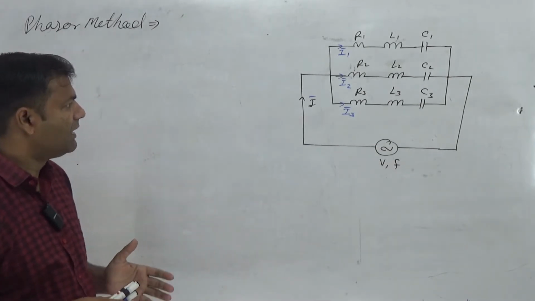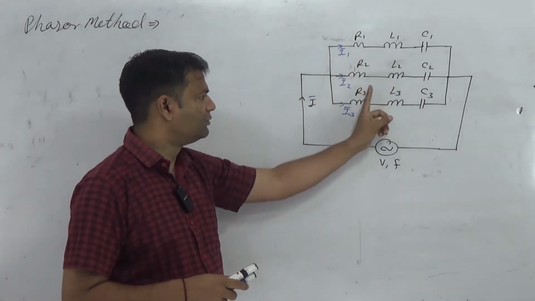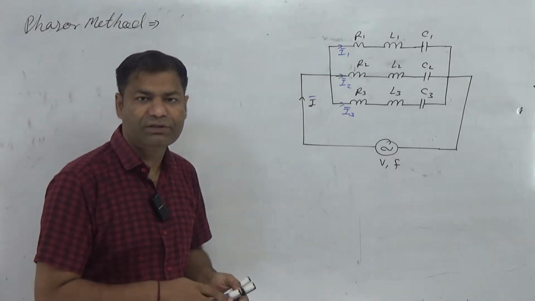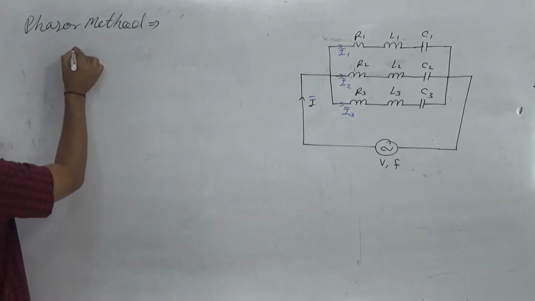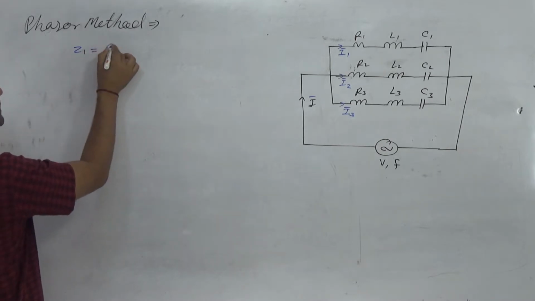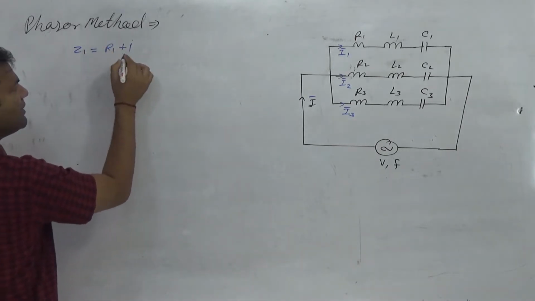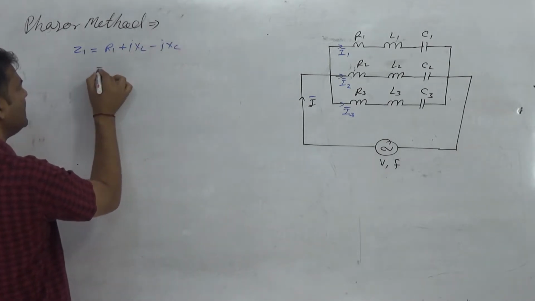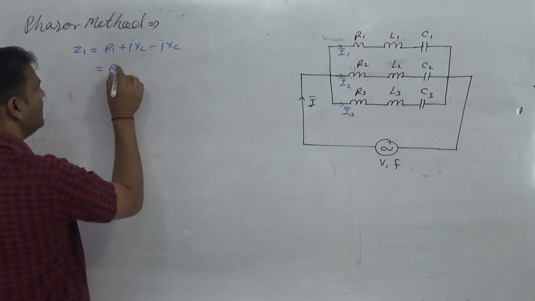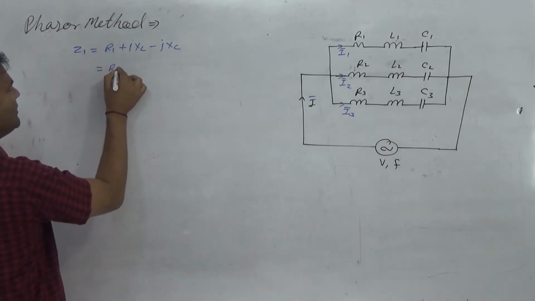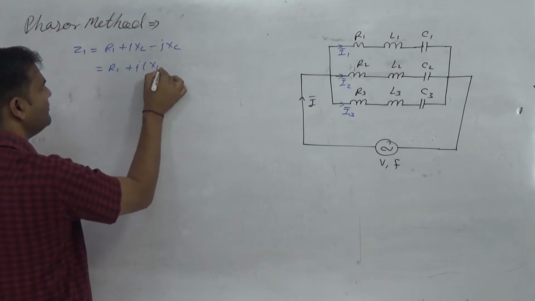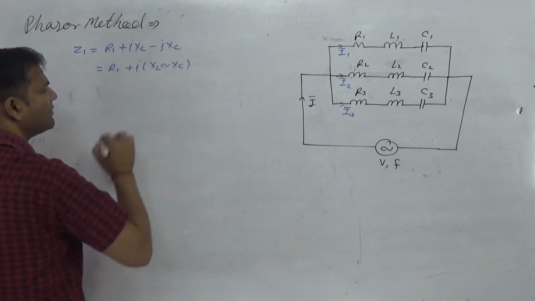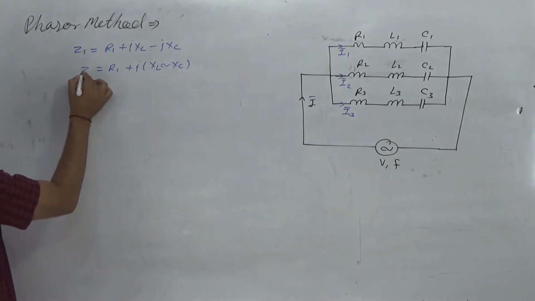So first of all, I know Z1, Z2, Z3. The combination of R1, L1, C1 is Z1. What about Z1? Z1 is written as R1 plus jXL minus jXC. It means R1 plus j(XL minus XC), depending on which one is greater. That is Z1.